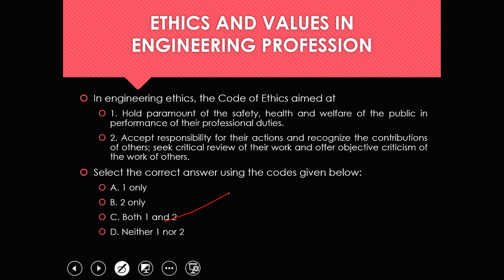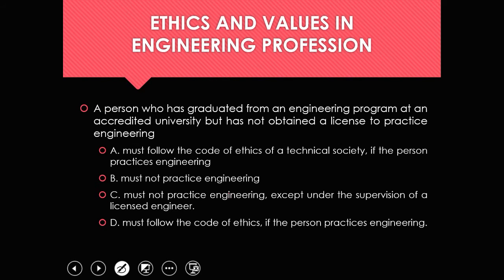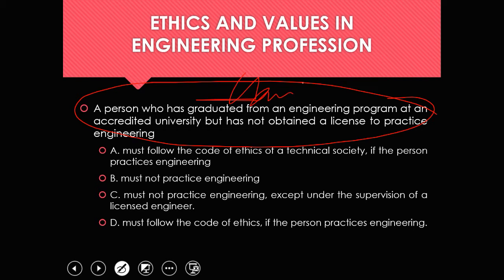See, these questions are different, since these are country specific. Hence, these might not be conforming to your country. A person who has graduated from an engineering program at an accredited university but has not obtained a license to practice engineering. But the most appropriate is must not practice engineering except under the supervision of a licensed engineer.